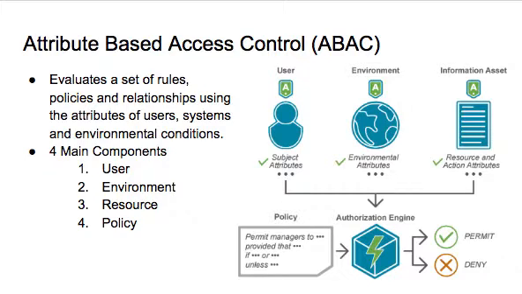The authorization engine makes this decision based on the attributes of the user, attributes of the resource, environmental conditions, and the set of policies that are specified in terms of the attributes and conditions. More specifically, the ABAC determines access to the resources by matching the current values of the user's attributes, resource attributes, and environmental conditions with the requirements specified in the access control policies.